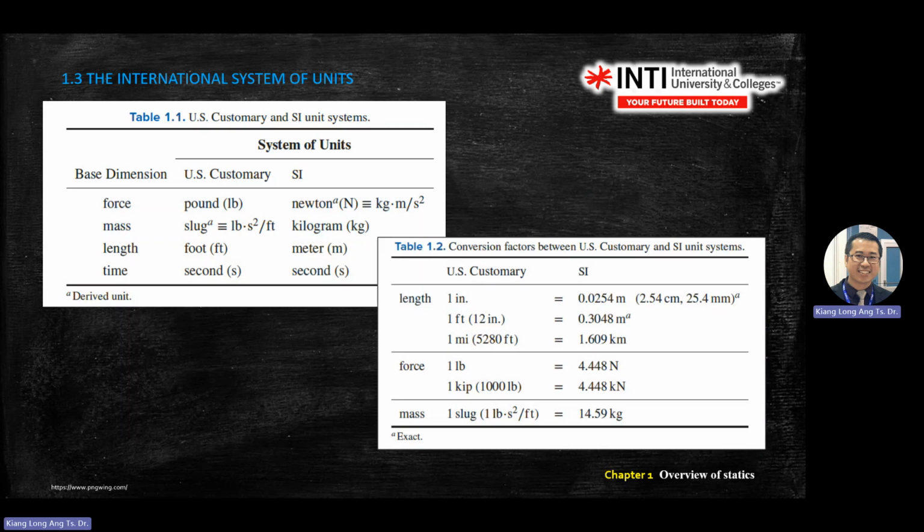This is a conversion from the US imperial system into SI units. We will not use this throughout this module. This is for your info, just in case you work in the US later, or you have a student mobility program and study there for one semester, then this will be a very useful chart for you.